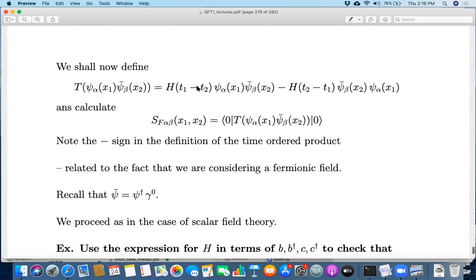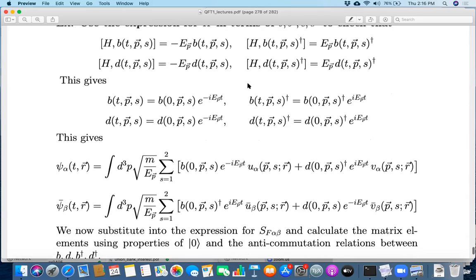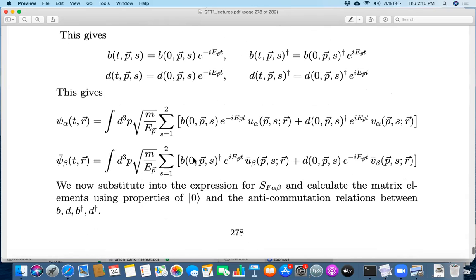So for t1 larger than t2, you see that psi alpha is to the left of psi bar beta. So when psi alpha is to the left of psi bar beta, the term that contributes is the b dagger term. Because you have to convert to b b dagger by picking up the anti-commutator, since b acting on the right gives you 0, and b dagger acting on the left gives you 0.